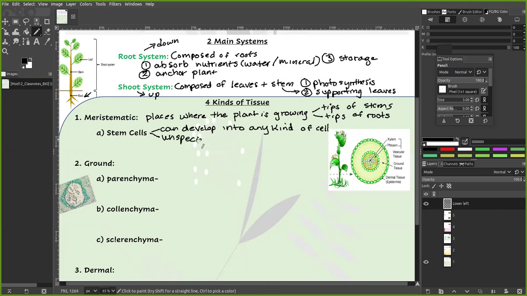A specialized cell will have one function. It will be stem, it will be root, it will be storage, it will be a flower, whatever it is. It's a specialized cell, but these stem cells are unspecialized. Another word for this is undifferentiated.